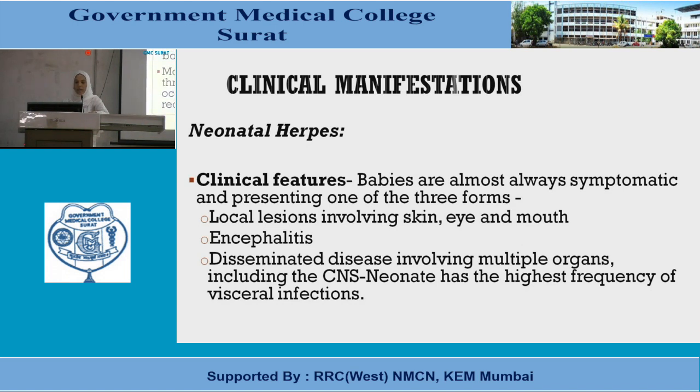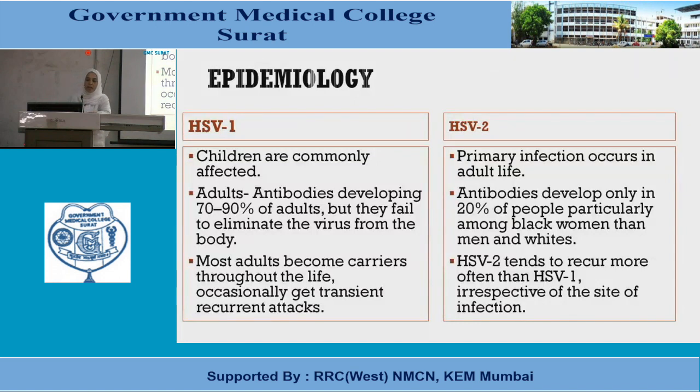Now, if you compare these two epidemiologically, children are affected with HSV-1 as compared to adults in HSV-2. Antibodies develop in 70 to 90% of adults in HSV-1, but they fail to eliminate the virus from the body. Though they have antibodies, the virus still stays latent in them.